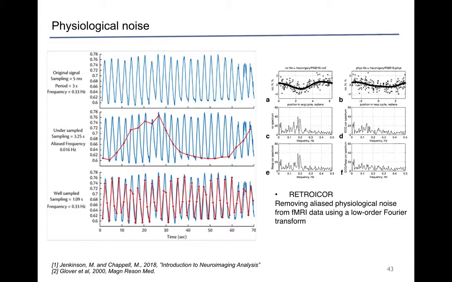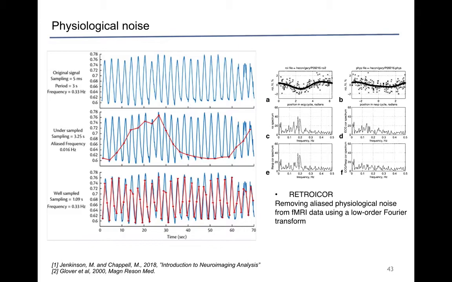There are approaches that can take care of it and reduce its effect in the data. RETROICOR is one method for reducing the effect of aliased physiological noise in the data. Basically, it reshuffles the data based on the phase of the cardiac and respiratory cycle, and then tries to fit that to some low-order Fourier transforms.